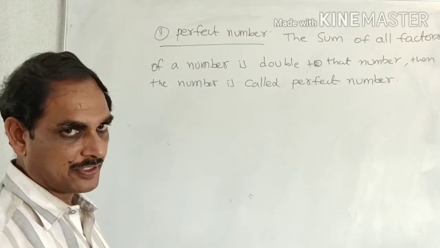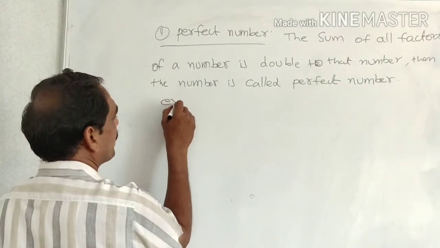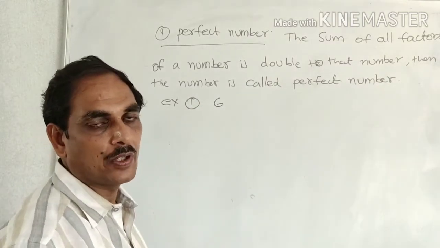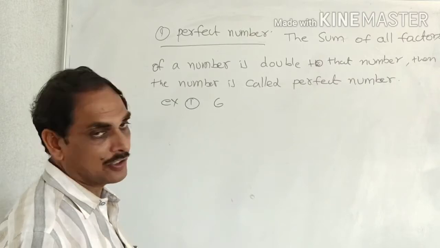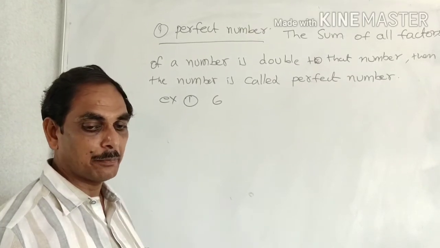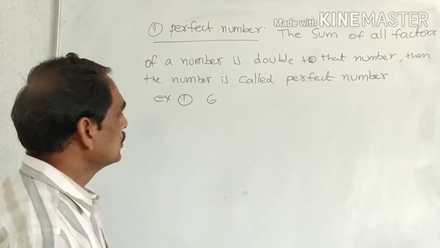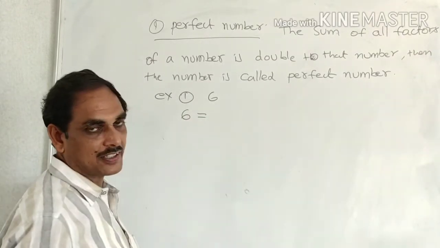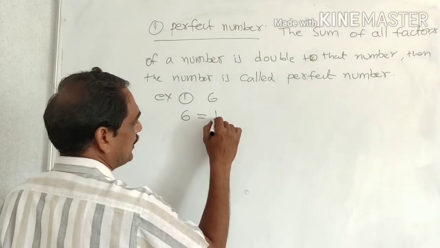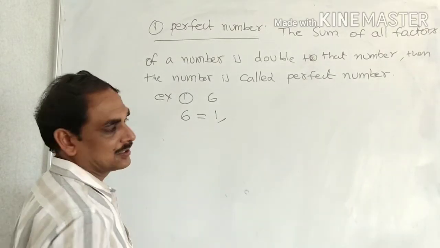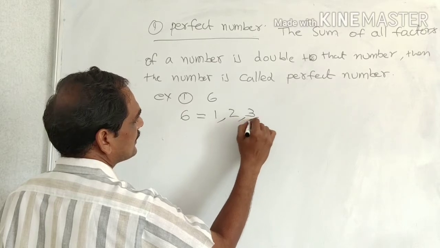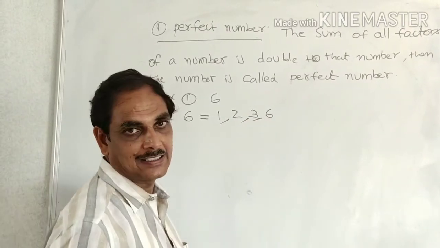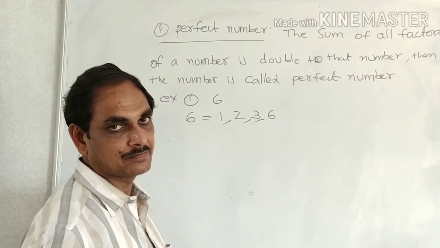Suppose we take the first example, 6. 6 is a number. Now we are going to check whether the given number 6 is a perfect number or not. The factors of 6 are 1, 2, 3, 6, which we already discussed in the previous session.